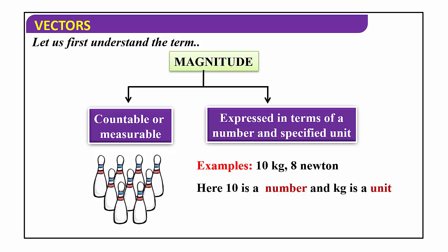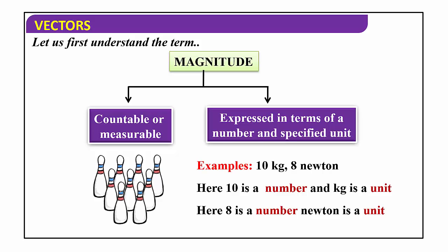Mass is equal to 10 kg. 10 is a number, kg is a unit. Similarly, here 8 is a number, Newton is a unit. So what is magnitude? Magnitude means measurable, countable, or which can be expressed in terms of a number and a specified unit.